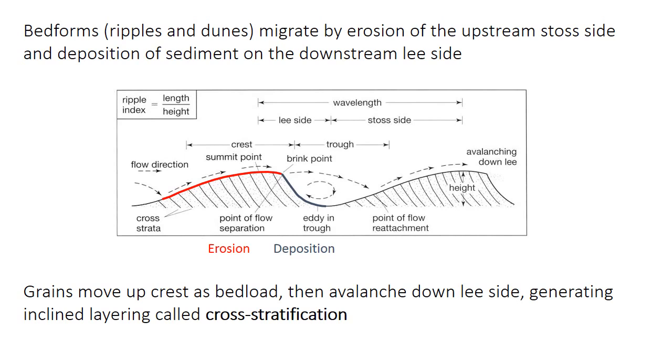In this example here, nothing actually remains of the cross-stratification by the time the ripple has completely passed over that point. So for the cross-stratification to be preserved as a sedimentary structure in the rock record, there actually has to be more sediment accumulating in the area than there is erosion. And this allows the bed form to migrate slightly upwards as it's moving downstream. So in that case, the erosion from the trailing part of the stoss side will chop off the top part of it, but it won't erase the entire height of the bed form.